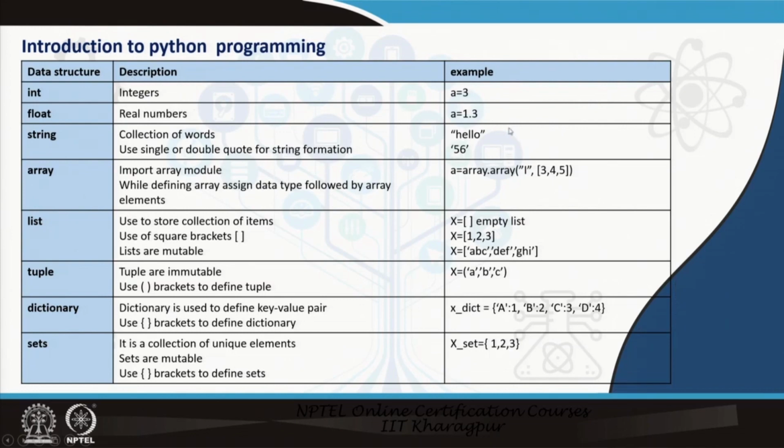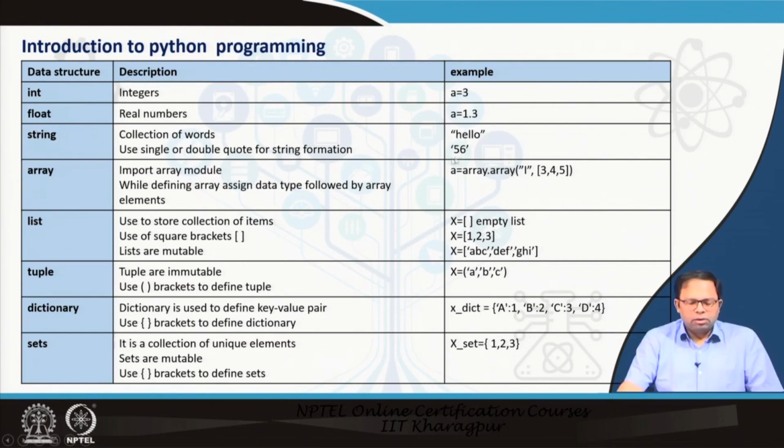That is the way we write Python code. It's very simple. And then there could be real numbers, a equal to 1.3, a float, then it could be a string which could be a collection of words, and we include them in double quotes. And it could be an array, which is sort of a group of variables. While defining an array, assign the data type followed by array elements. So this is how we can do that.